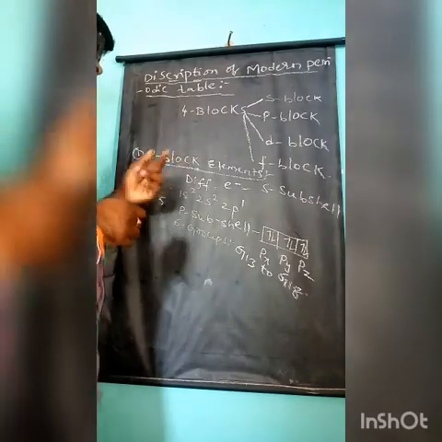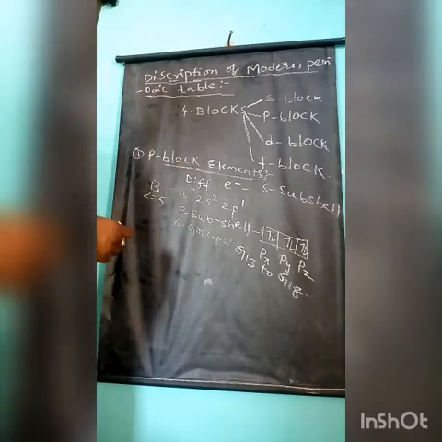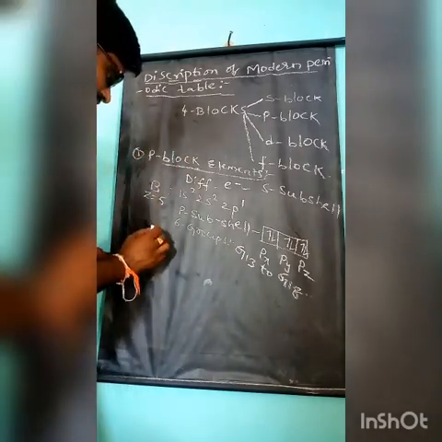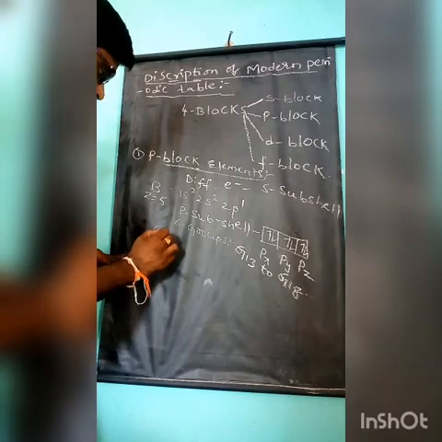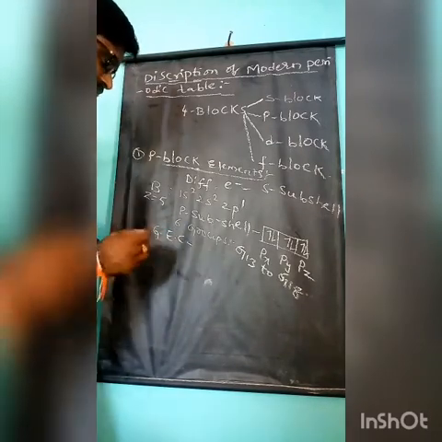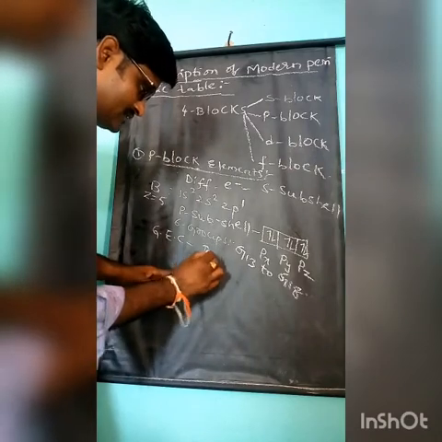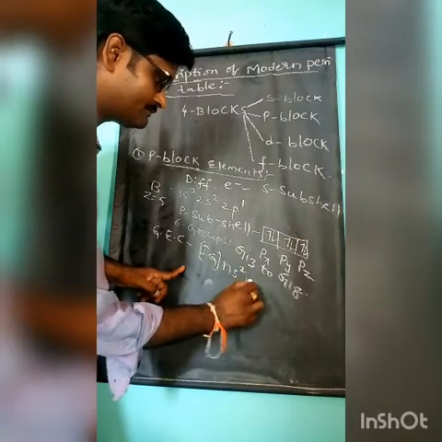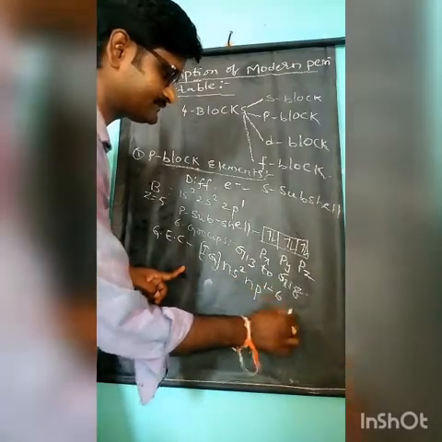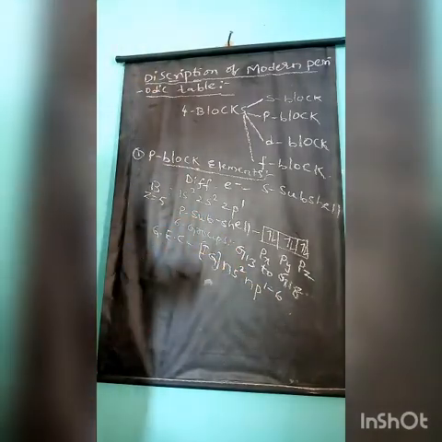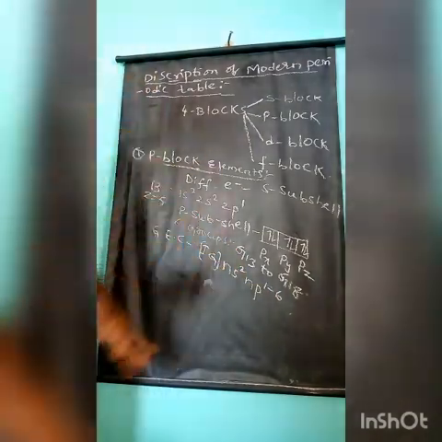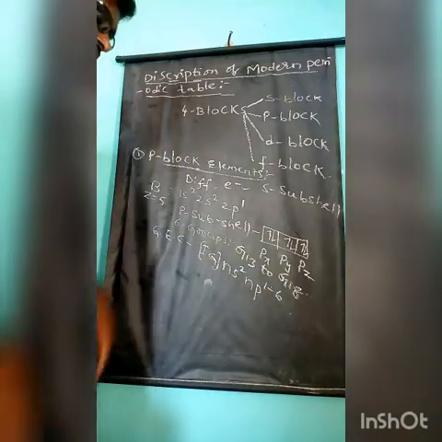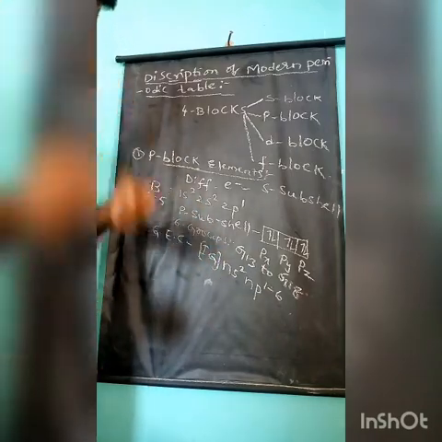They all belong to the p block only. The general electronic configuration of the p block is noble gas ns2 np1 to 6. Here the differentiating electrons enter into the p subshell only. So p1, p2, p3, p4, p5, p6: a total of 6 groups can be present in the p block.